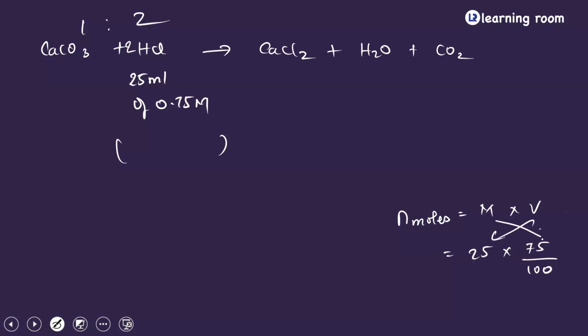This is volume, this is molarity. Done. So 75 divided by 4, and that gives 18.75.